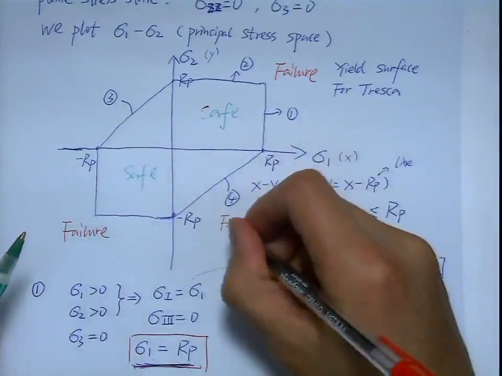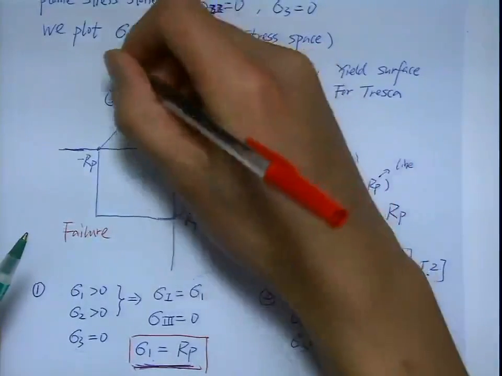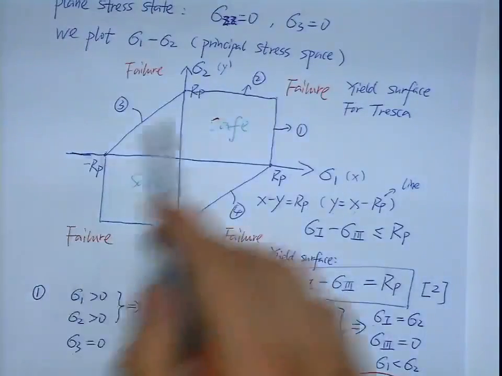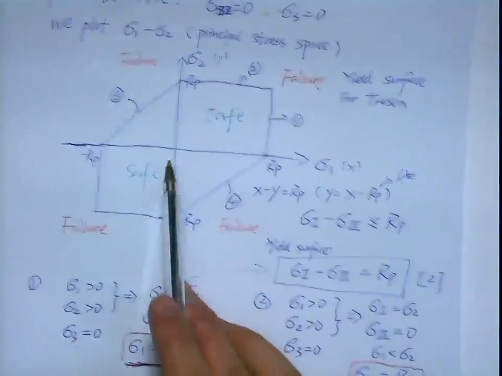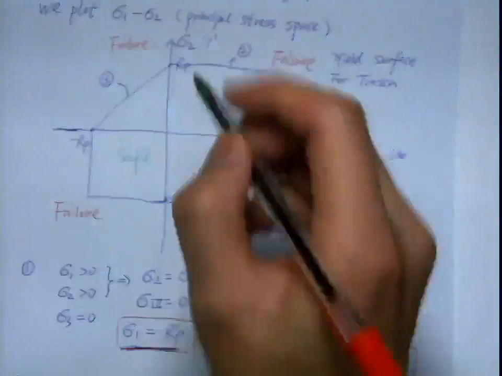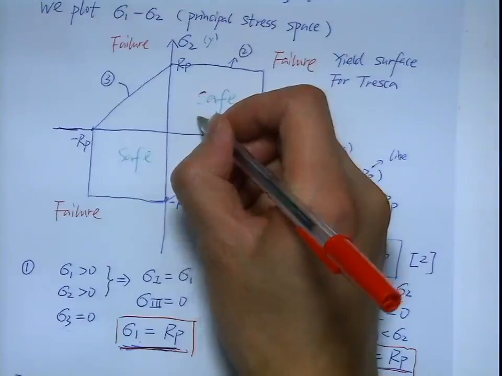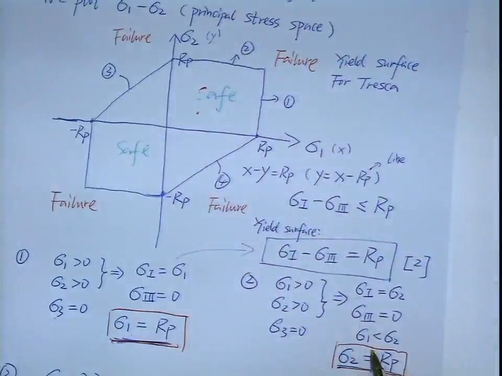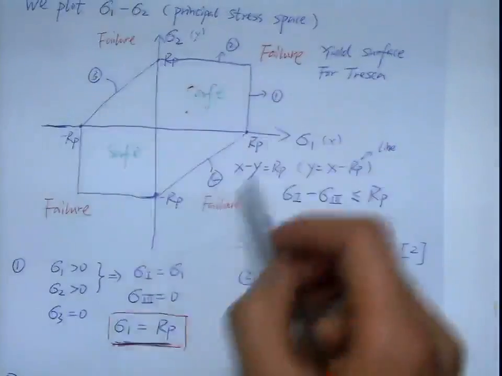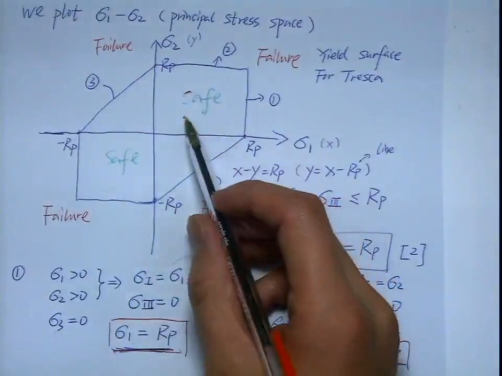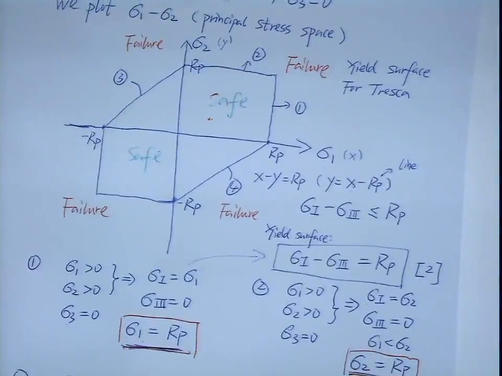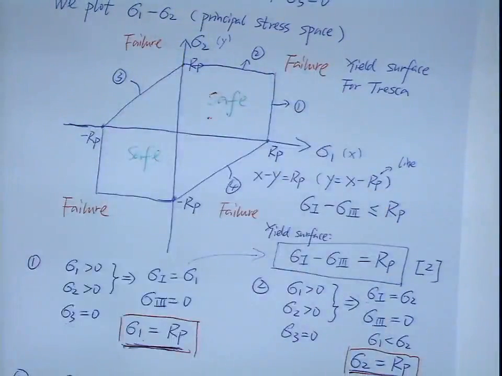So that's very informative, because if you have this yield surface and you give me any combination of sigma 1 and sigma 2, I just put a dot here, that information into this curve, into this surface, you will find it is yield or not yield, right? So that's a very informative graph.